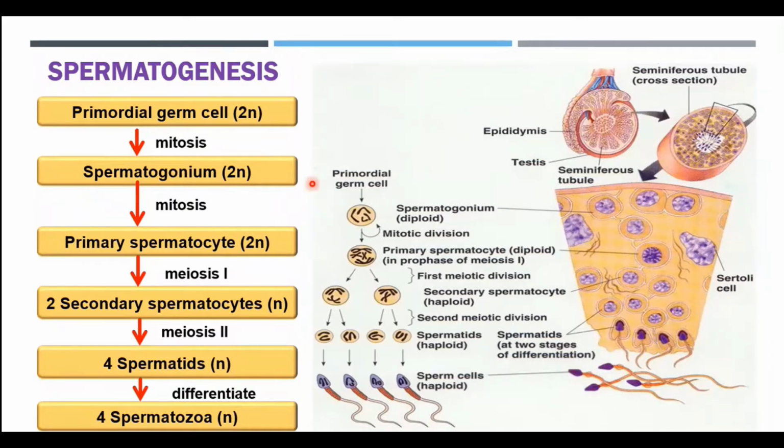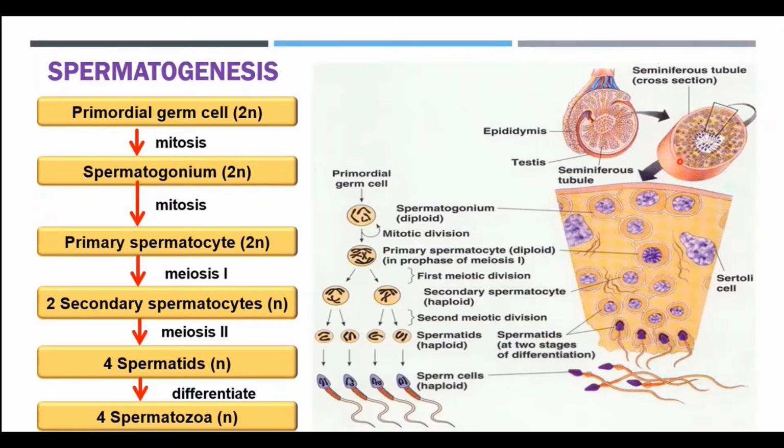When puberty is reached, the primordial germ cell converts into spermatogonium. One spermatogonium, many spermatogonia. All these cells on the outermost part of the seminiferous tubule are the spermatogonia. All are diploid cells.